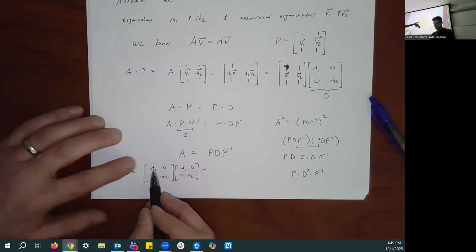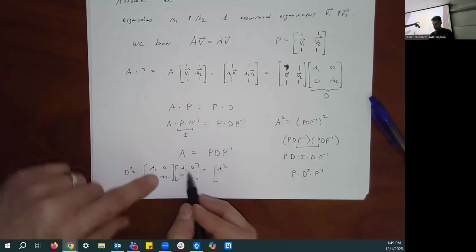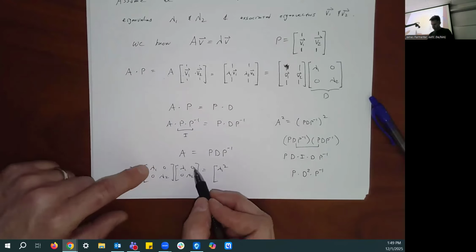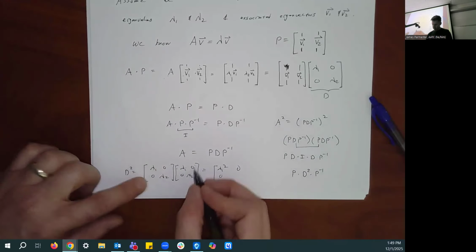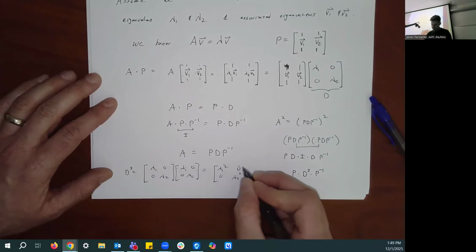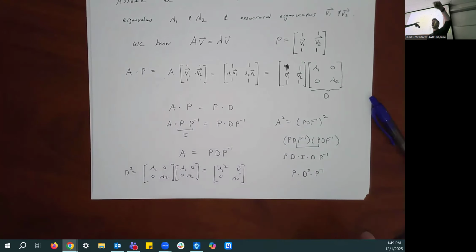That's going to be lambda 1 times lambda 1, 0, 0, and lambda 2 squared. Or as we saw before, when you raise a diagonal matrix to a higher power, you just raise each of the diagonal entries to that higher power. That is not typically true for matrices, but it is true for diagonal matrices. So it makes them really nice.